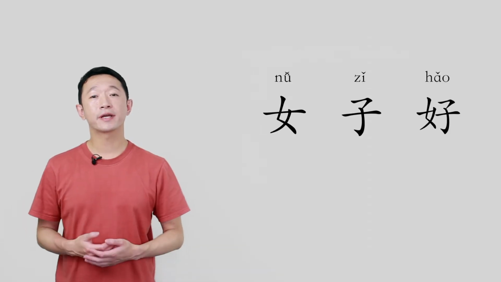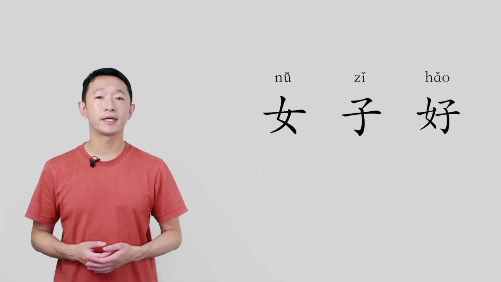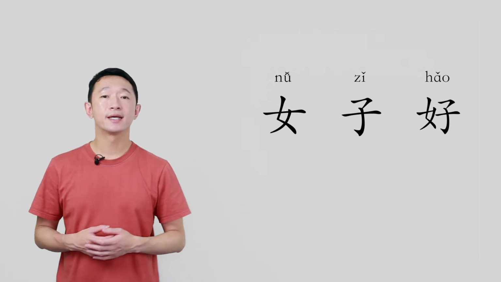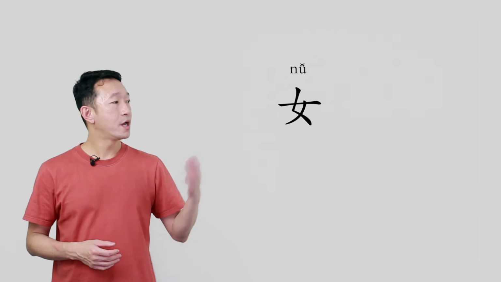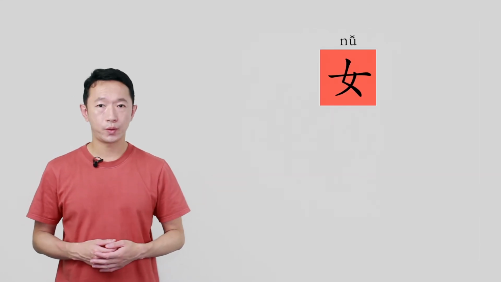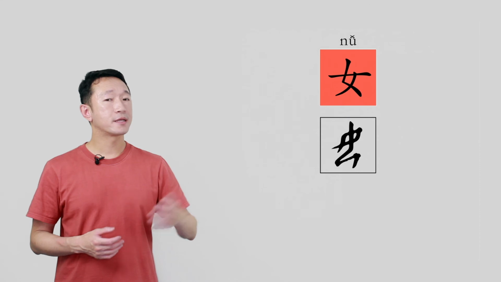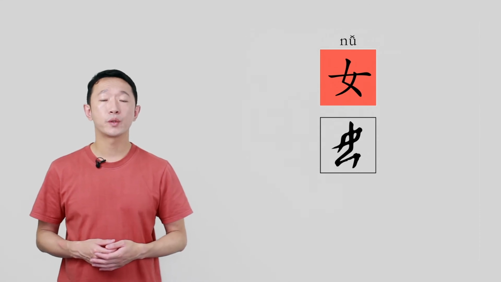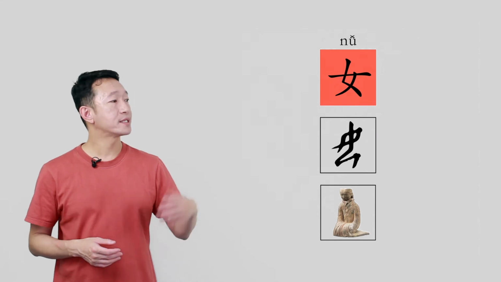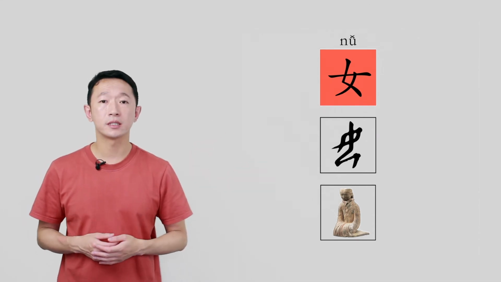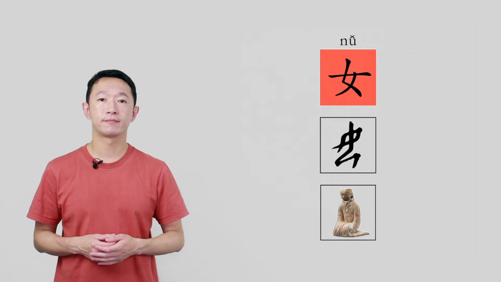The last 3 characters we are going to learn today are 女, 子, and 好. This character is 女, and this is the Asian form of the character 女. It represents a woman who is sitting calmly on her knees with hands folded.